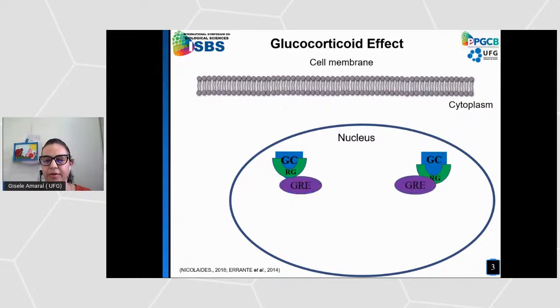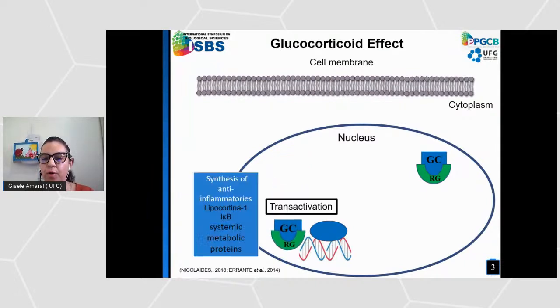Once linked to their specific receptor, called glucocorticoid receptors, they enter the cell nucleus and bind to promoter regions called glucocorticoid responsive elements through a mechanism called transactivation, inducing synthesis of anti-inflammatories such as lipocortin 1, nuclear factor kB inhibitor, and systemic metabolic proteins.